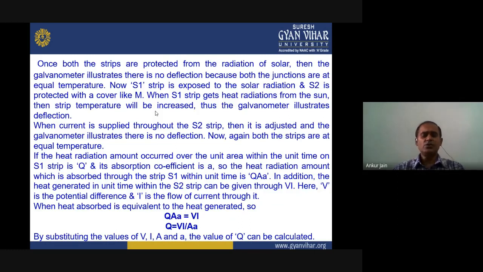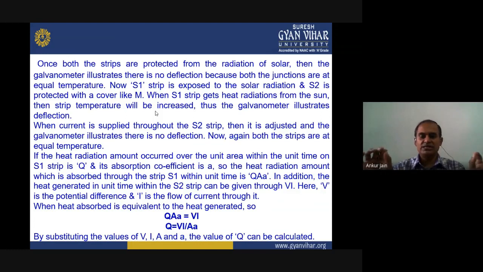Now to balance this difference, we allow some current to be supplied through strip S2. Then we increase the current slowly until the galvanometer deflection is zero again. There should be no deflection in the galvanometer by adjusting that current value.